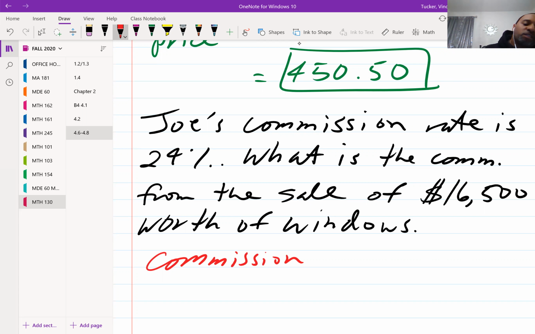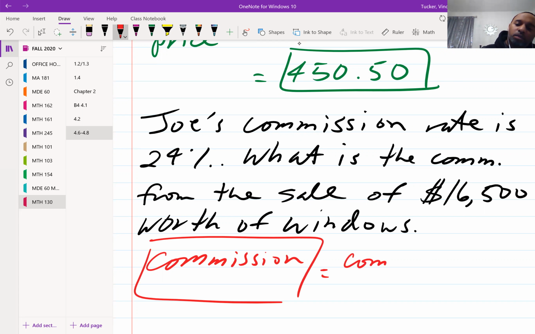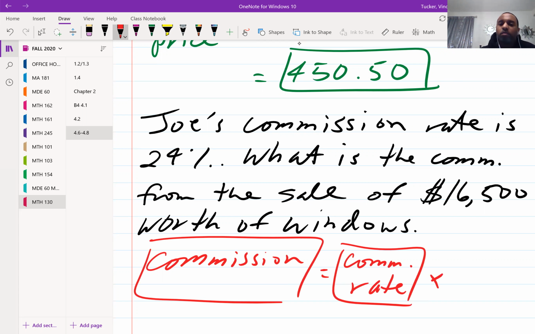Let's say commission for right now, equal to. So we want to calculate the commission. You just take the commission rate, multiply it times the sale price.